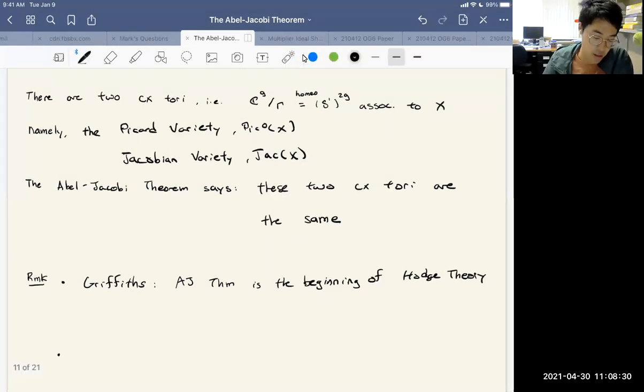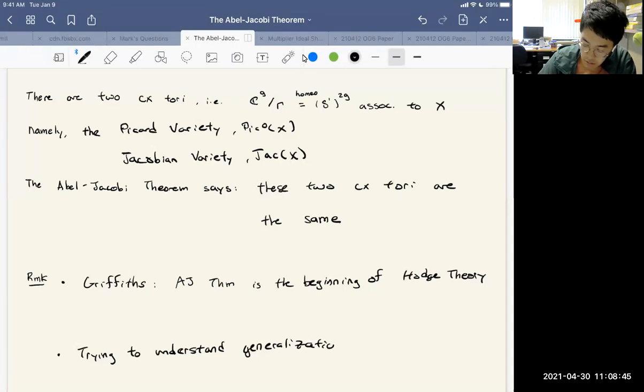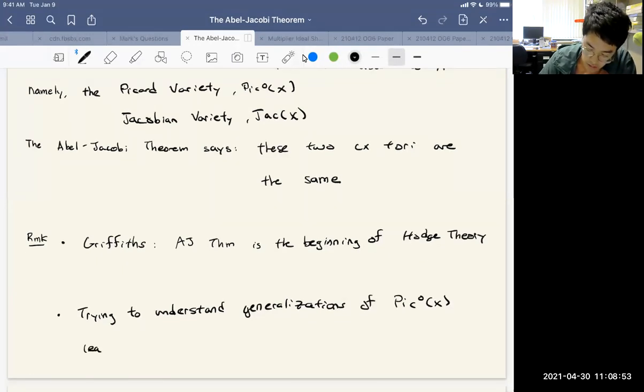The other remark I wanted to make about the importance of the theorem is that trying to understand generalizations of this Picard variety leads to Grothendieck's construction of the Hilbert scheme.